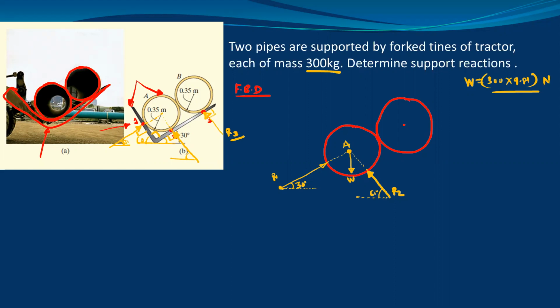R3 and R2 are parallel, and this reaction will pass through this center point, which is point B. Then at point B, we have the self weight. Both pipes have the same weight, so this is W. So this is the complete free body diagram for the given pipe arrangement.